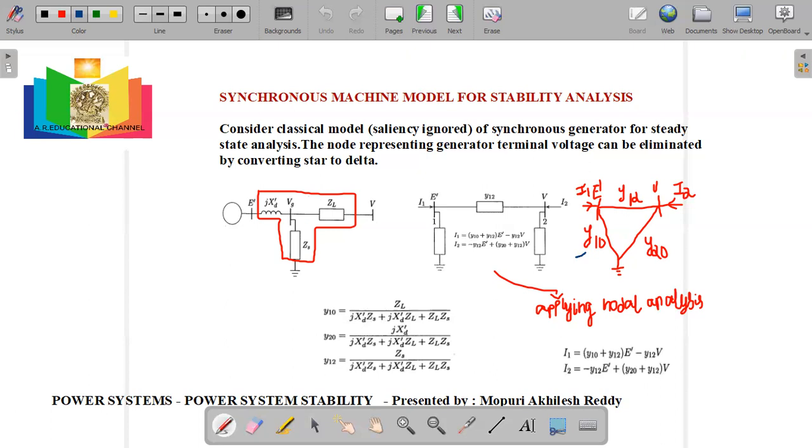Here we will get Z10. Since we had Zs, Zl and jXd', these three are impedances, first we need to convert the star to delta in Z. This is Z12 and this is Z20.